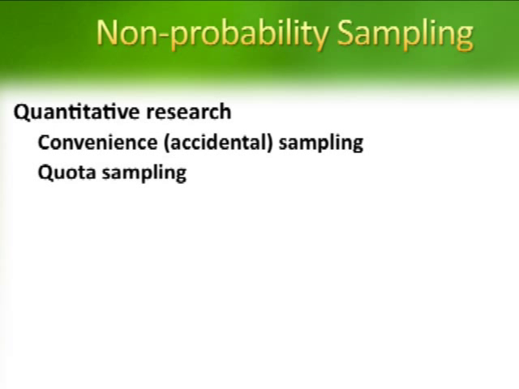Now there are the non-probability sampling strategies. For quantitative research, that is convenience or accidental sampling and quota sampling. And you're going to find that in most of the articles that you read, you have convenience sampling.